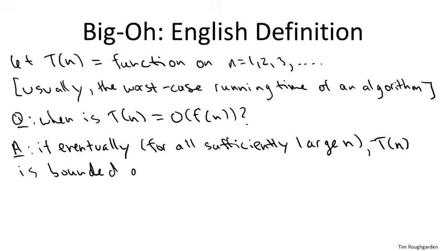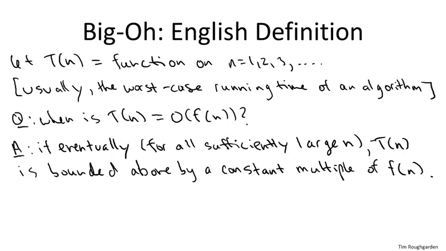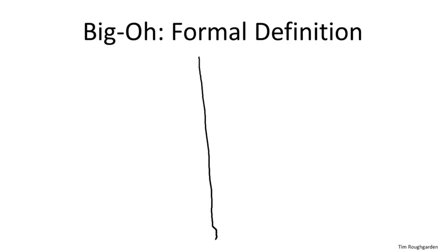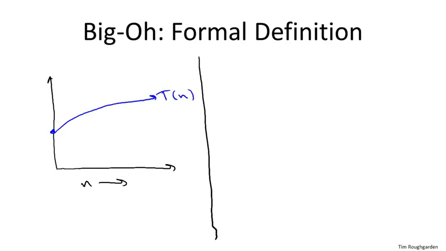Let's think about it in a couple other ways. So next I'm going to translate this English definition into a picture, and then I'll translate it into formal mathematics. So pictorially, you could imagine that perhaps we have T of n denoted by this blue function here, and perhaps f of n is denoted by this green function here, which lies below T of n.